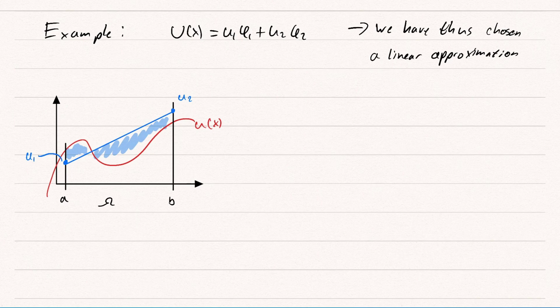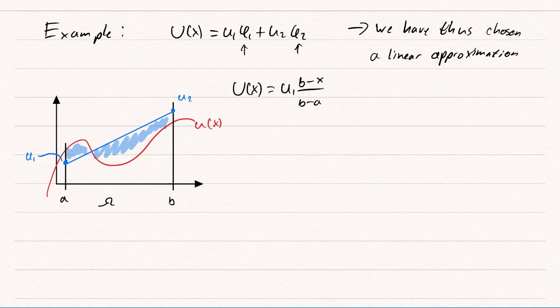Okay, so given this choice, we can know what phi 1 and phi 2 are in terms of A and B. So this will look like the following function. We have u of x, which is u1 times phi 1, and phi 1 looks like this: b minus x over b minus a.